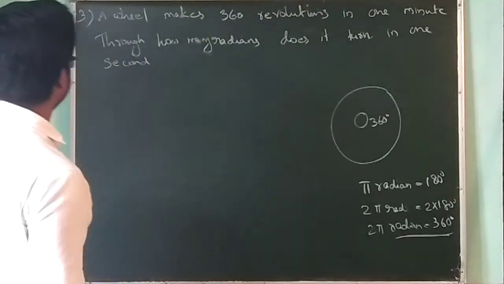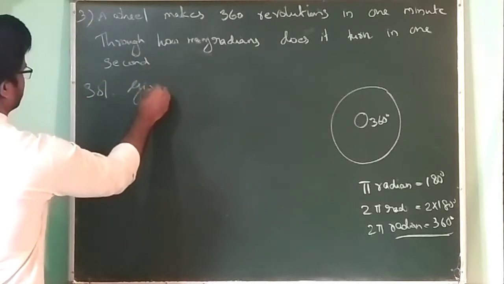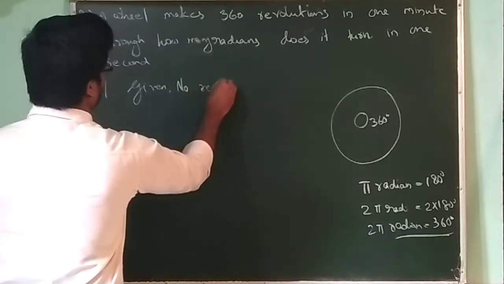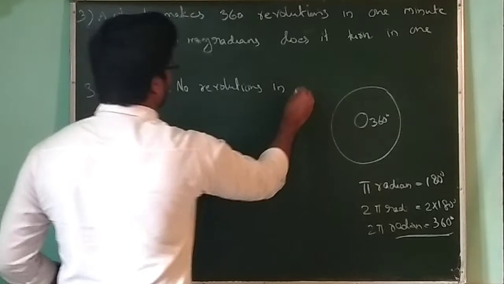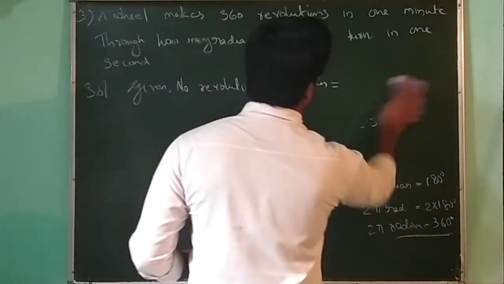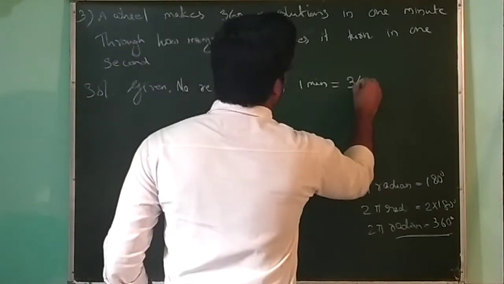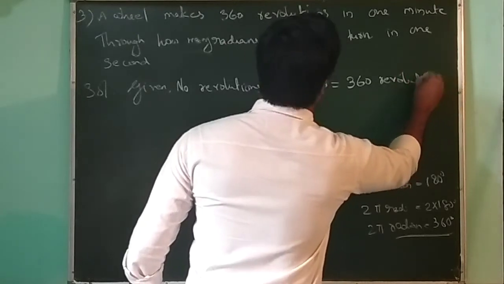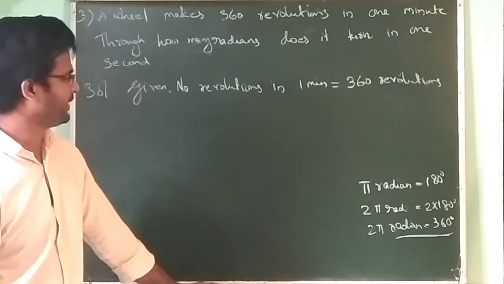Now we can see the given number of revolutions in 1 minute equal to how many revolutions? 360 revolutions. In 1 minute, 360 times that will rotate.